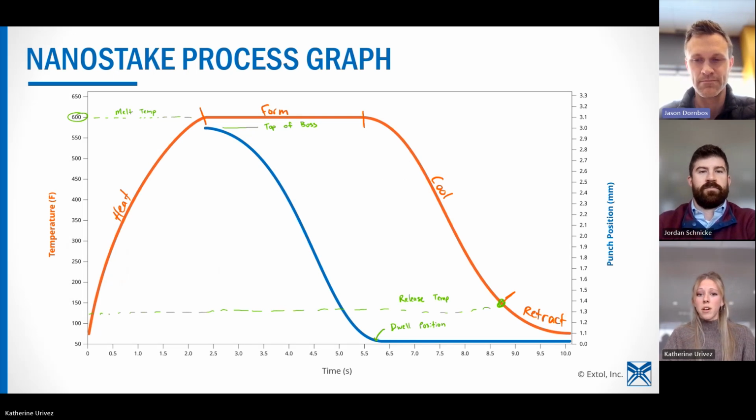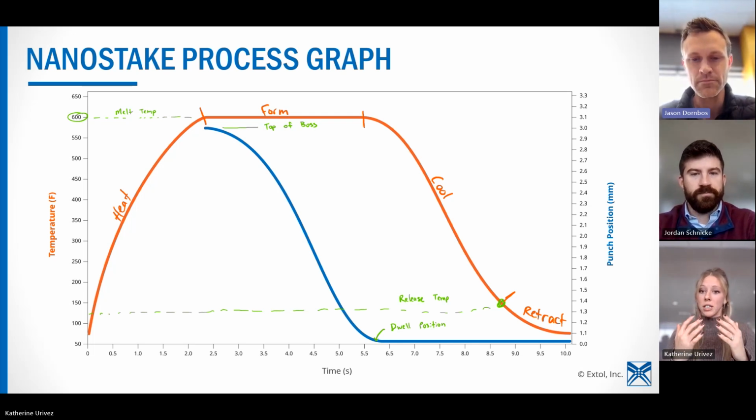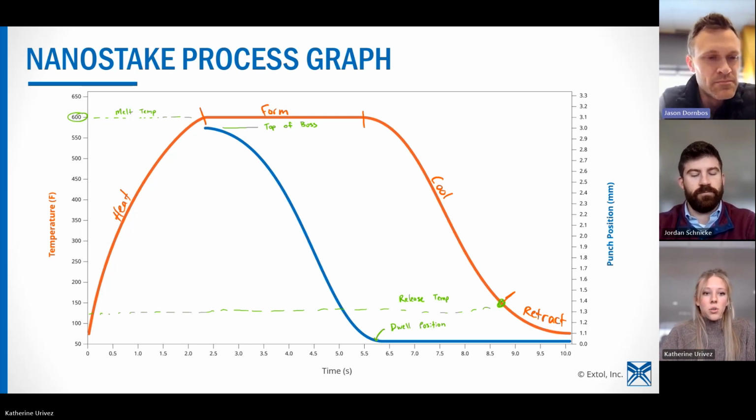Now, if you have run this equipment and seen the process controller, you've probably seen a very similar graph to this in the past on the piece of equipment. What you're going to see here is the orange line is what the module heater is doing, and the blue line is what the position is doing during the process. As the temperature increases, it increases to your set melt temp.